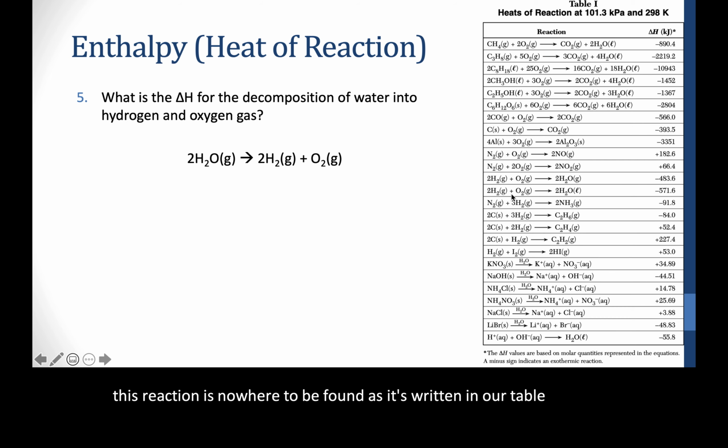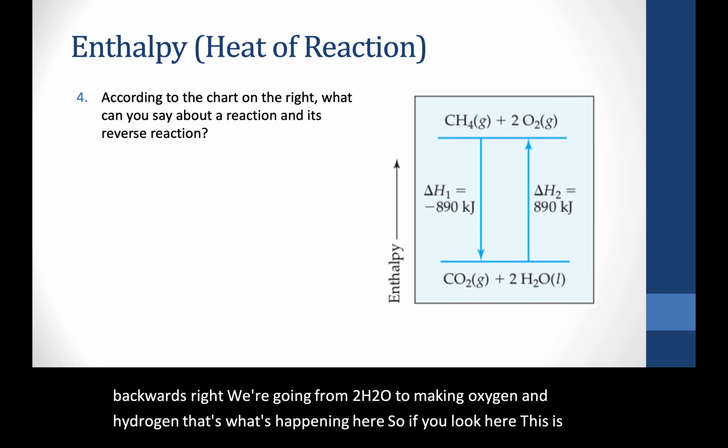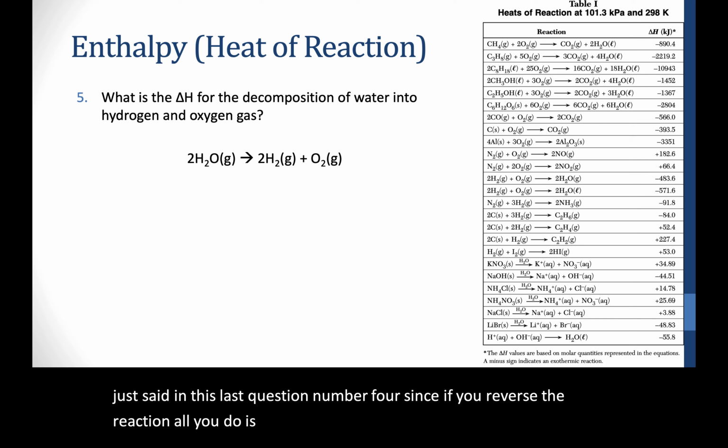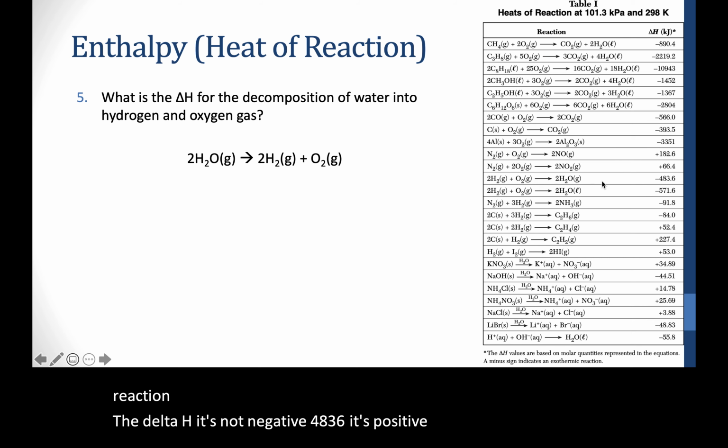So this is the reverse reaction of the one we're talking about now. Therefore, like we just said in question number 4, if you reverse the reaction, all you do is change the sign in terms of enthalpy. We know that in this reaction, the delta H is not negative 483.6, it's positive 483.6, because it's the reverse reaction of what we see here.